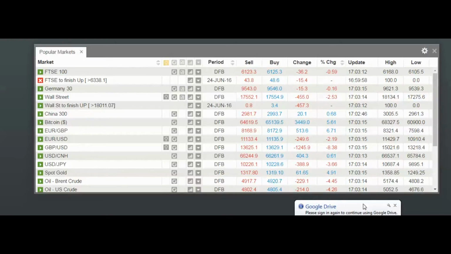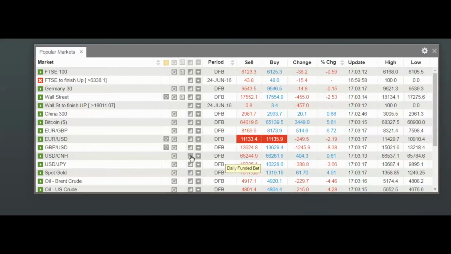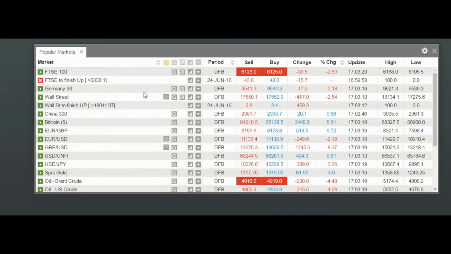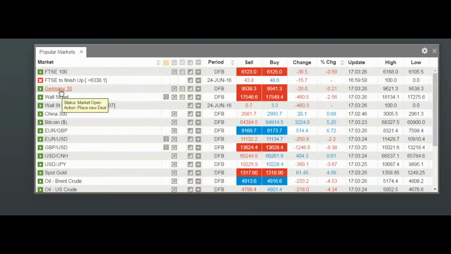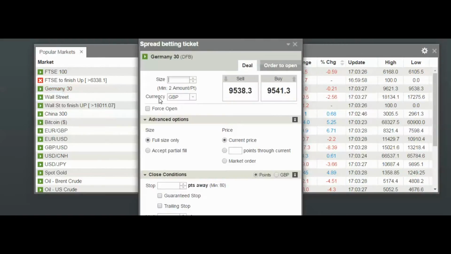So what I'm going to do is show you some of the normal indices that you would trade. Say if you were trading the German 30 and you've got these numbers, like with a tracker fund or the FTSE 100, you'd be used to this number going up and down, called the bid and the offer spread.